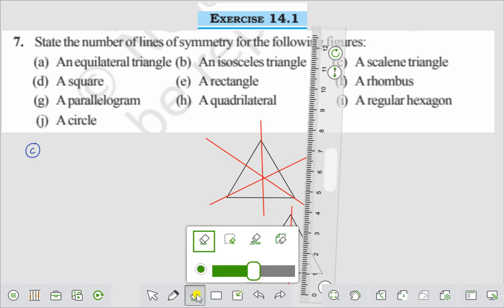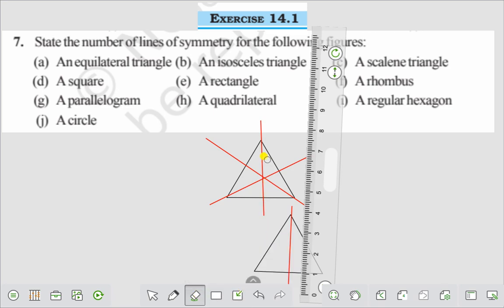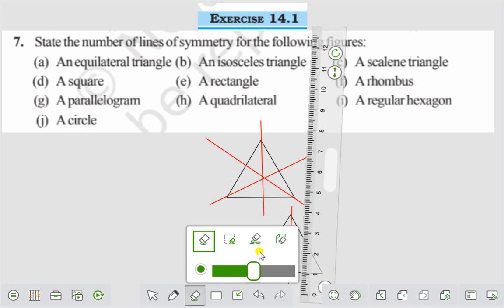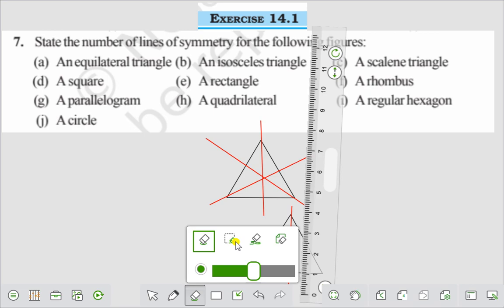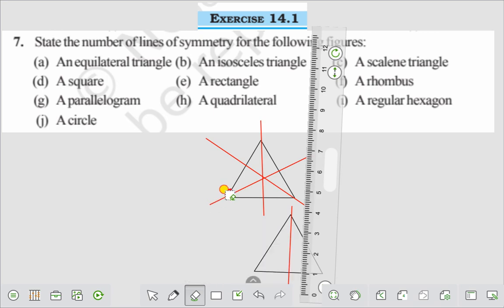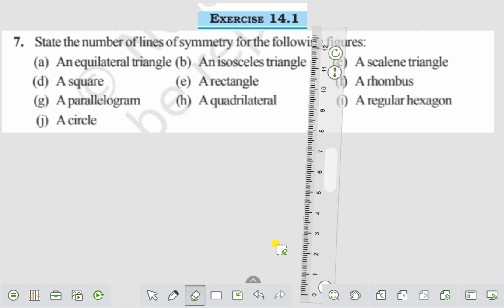Let us rub this one. Right. Now, question number C is a scalene triangle.